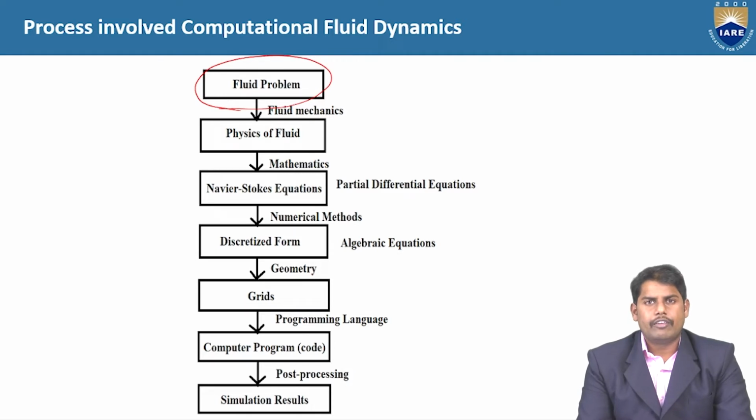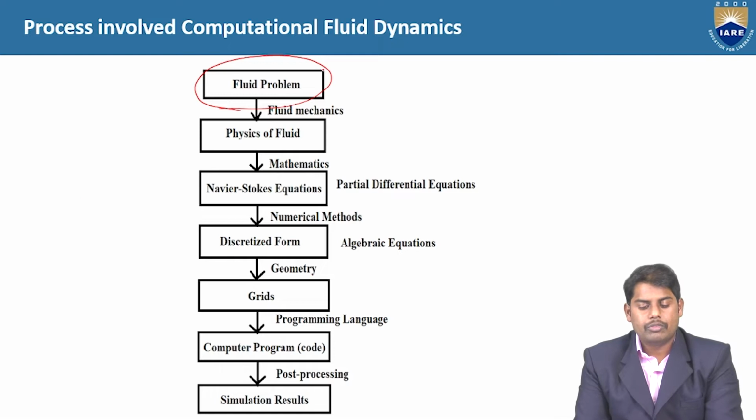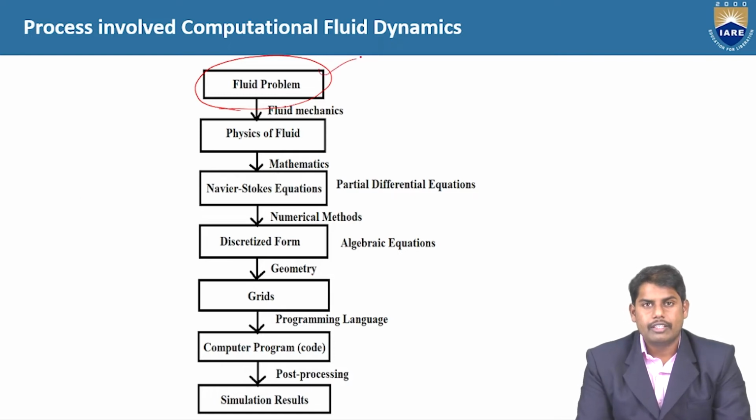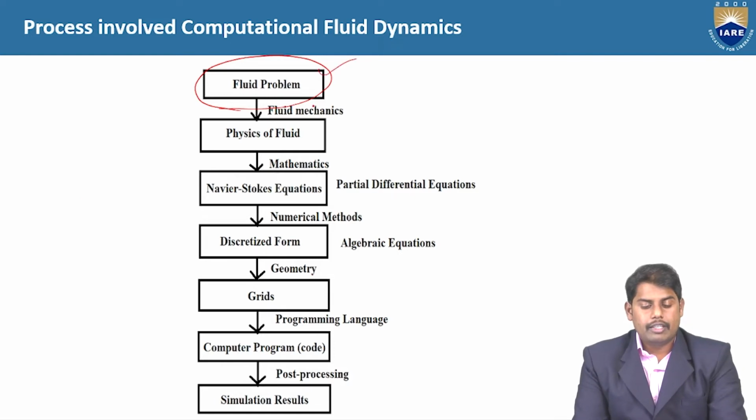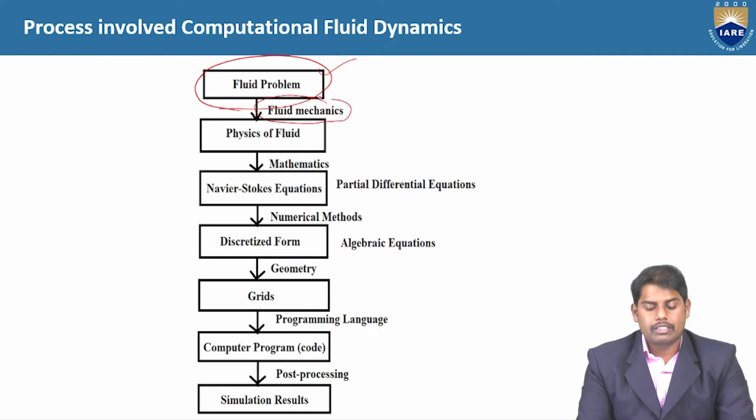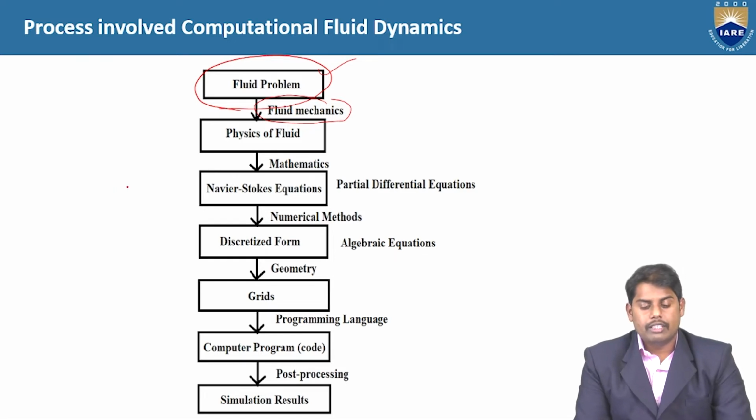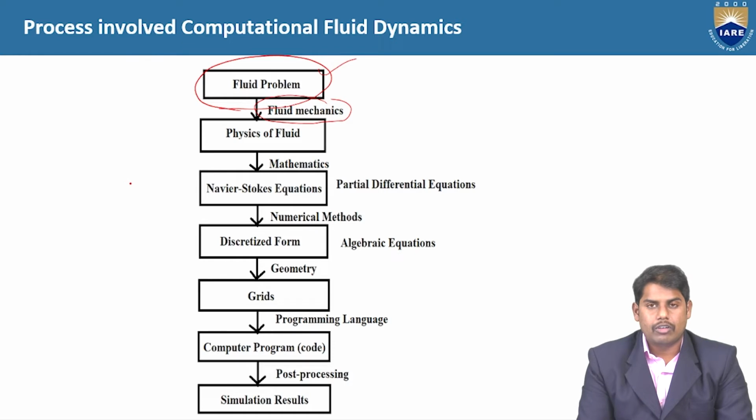Any kind of fluid flow phenomena we can take. So first you need to see which fluid problem we are solving. Then we need to see the mechanics behind it, what governing equations are involved. But before that, you need to see what problem we are going to solve. Once we decide the fluid problem, then we consider the physics of the fluid.